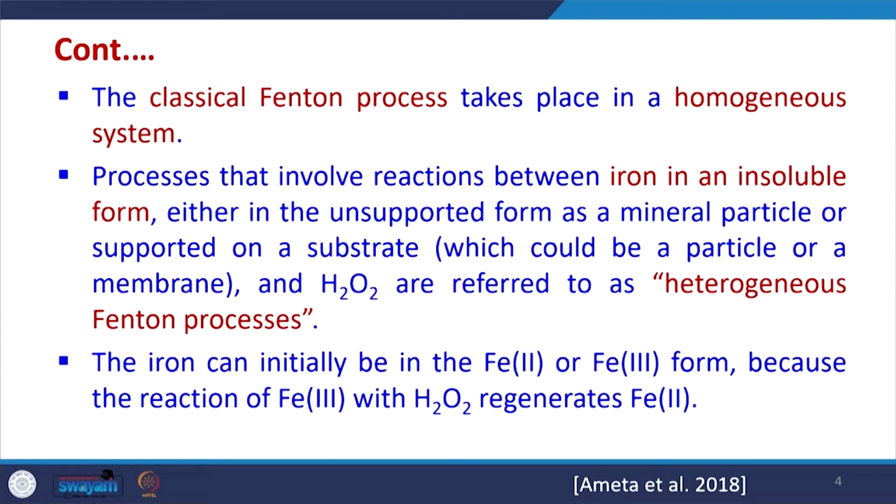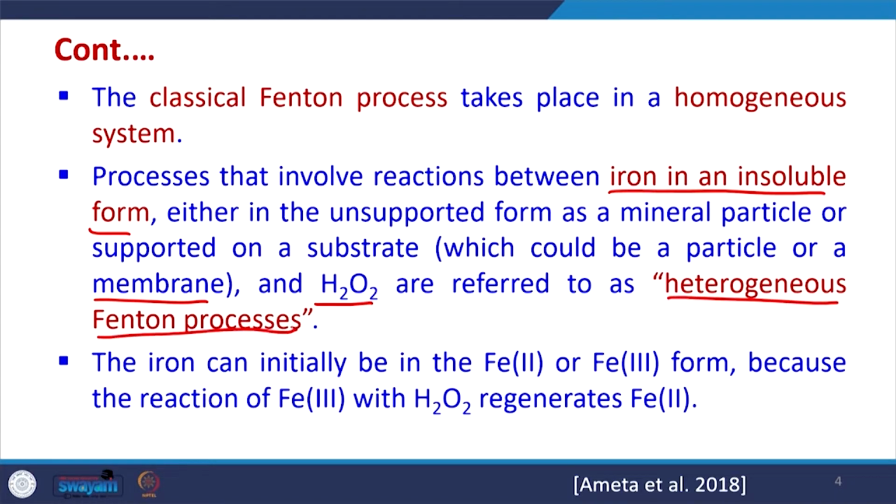Now, the classical Fenton process takes place in a homogeneous system. The processes that involve reactions between iron in an insoluble form, either in unsupported form such as mineral particles, or supported on some substrate which could be a particle or a membrane, etc., along with H2O2, are called heterogeneous Fenton processes.